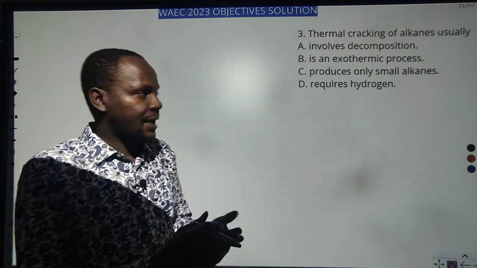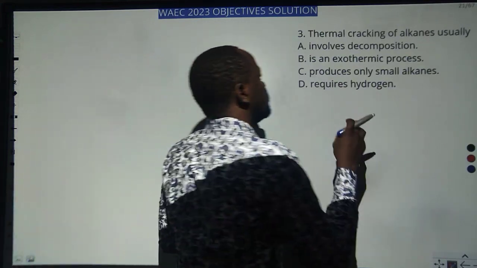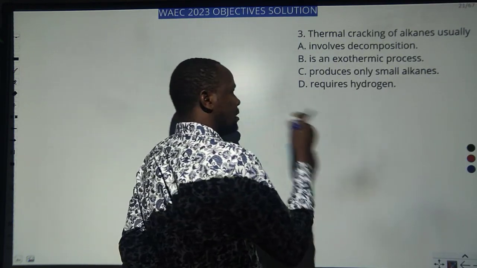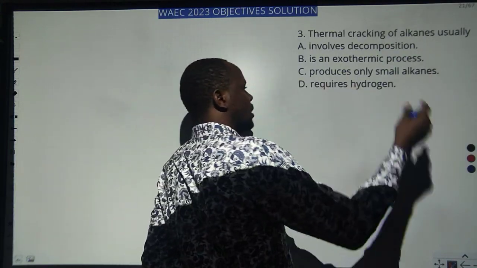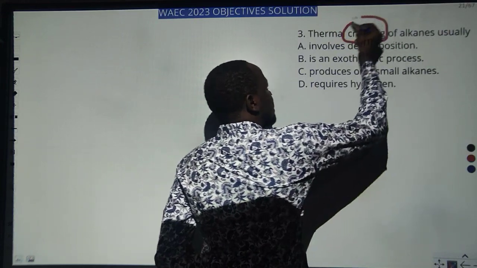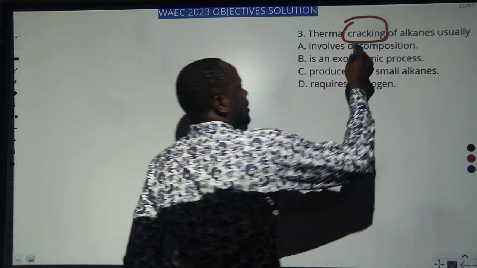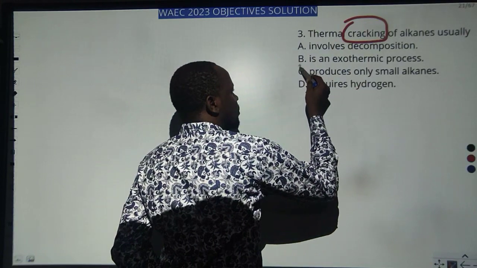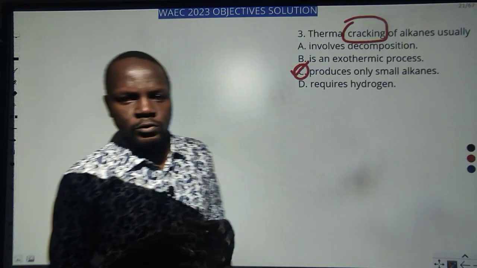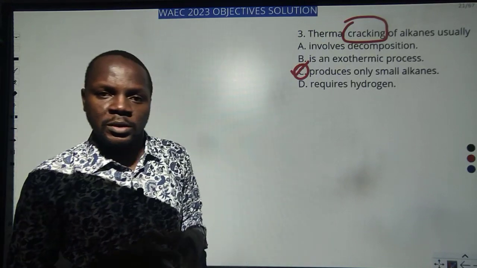When you heat and crack alkanes, the word cracking itself is the breaking down of higher molecular compounds, especially organic compounds, into smaller ones. So when you have cracking of higher alkanes, they are going to give smaller alkanes. They are not asking you something so tough. You just use the idea of definition to provide answers to all these types of questions. So, admin, you can move on to the next one.